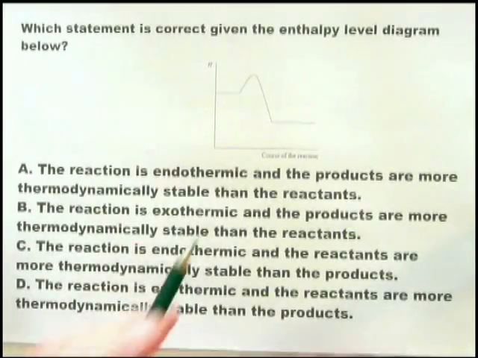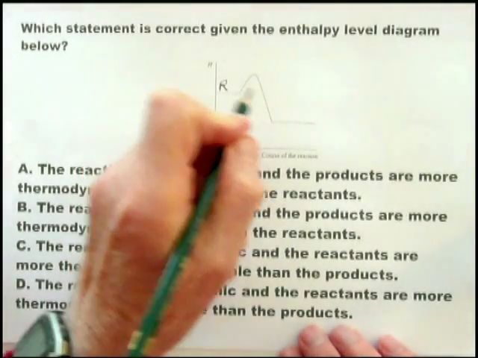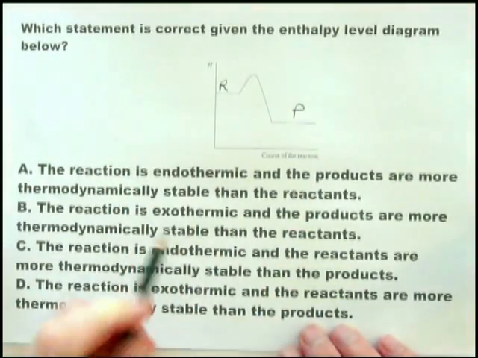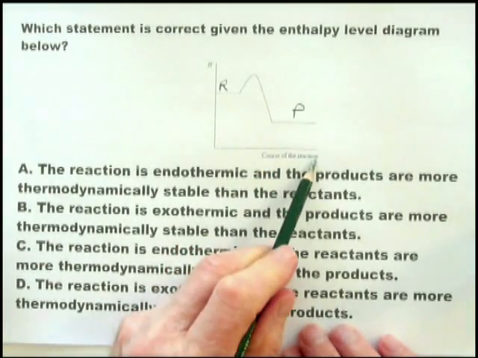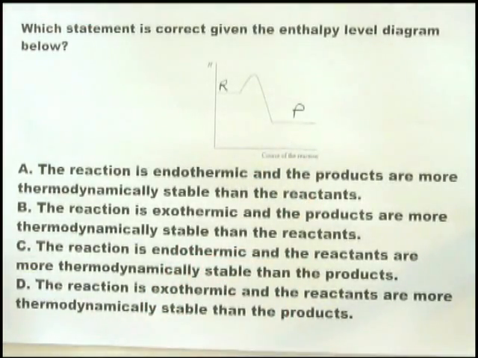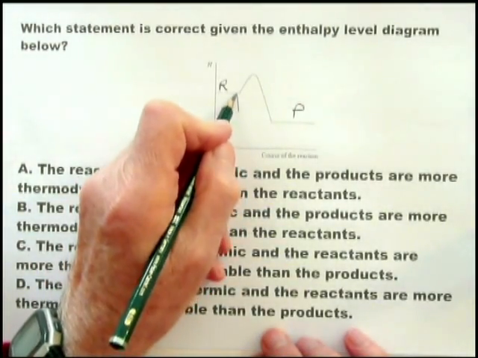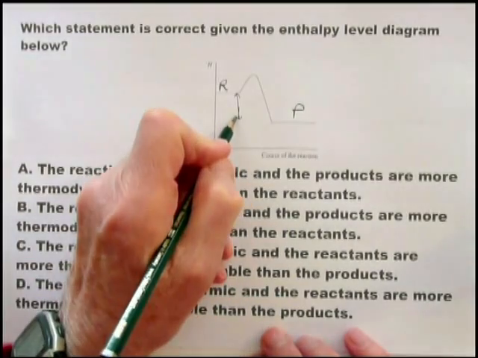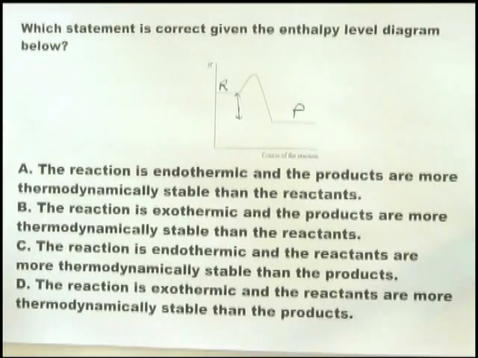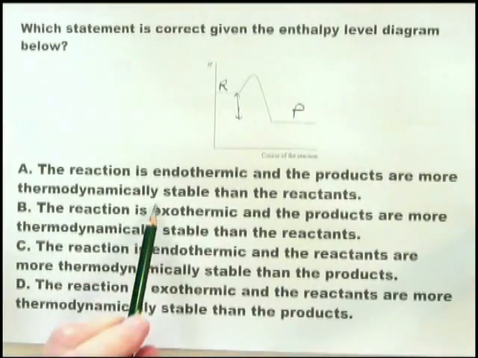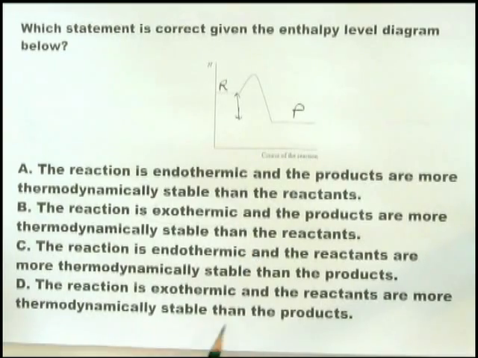When you see this curve, where these are the reactants and those are the products, according to the course of the reaction, you should immediately realize that this heat is being given out, and therefore it is an exothermic reaction. So you're looking for exothermic.